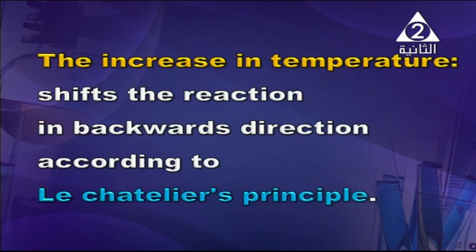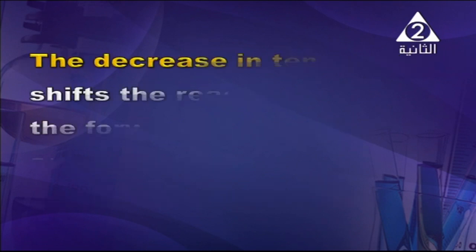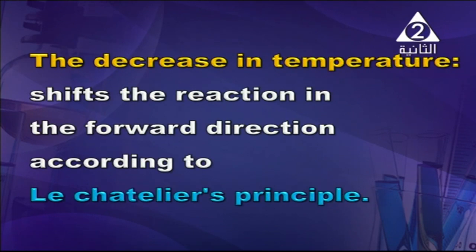Here the increase in temperature shifts the reaction in backward direction according to Le Chatelier principle, and the decrease in temperature shifts the reaction in the forward direction according to Le Chatelier principle.